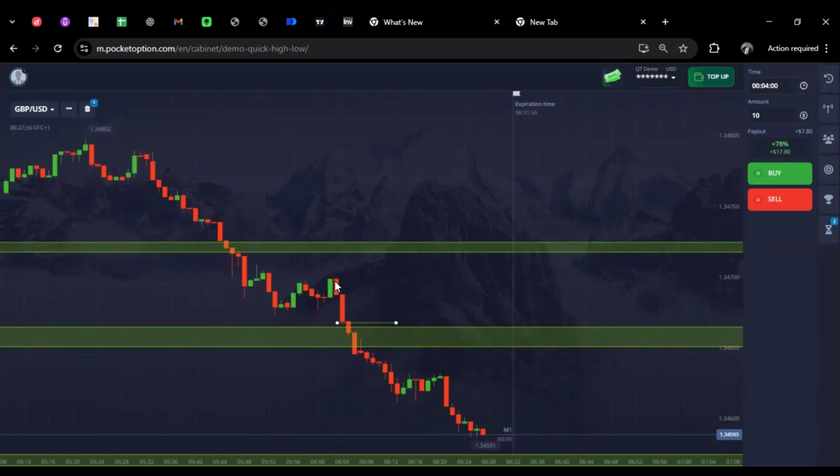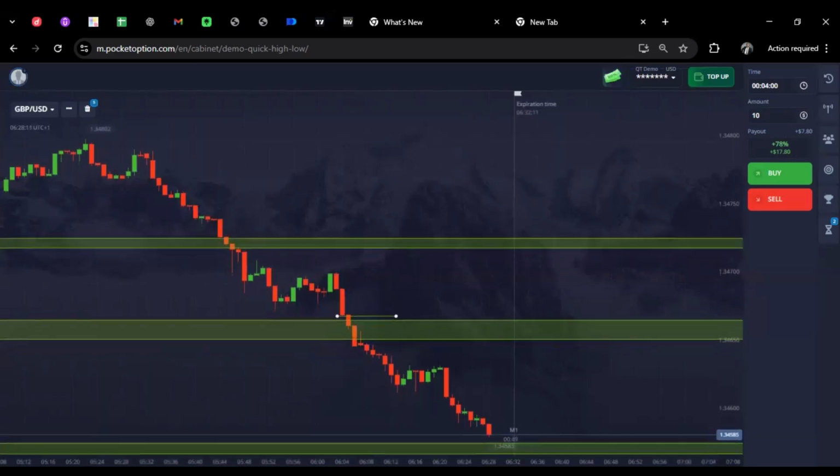So that's why I decided to jump on this trend. You can see, if we are careful enough, I've taken two good winning trades here before the market got to our entry, for us to take the buy we wanted to take.